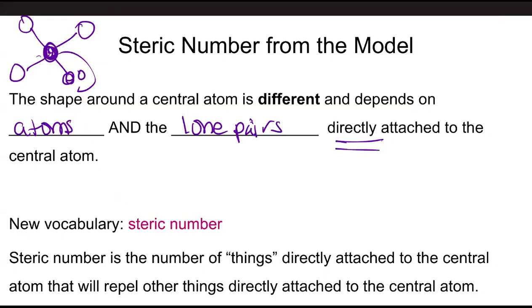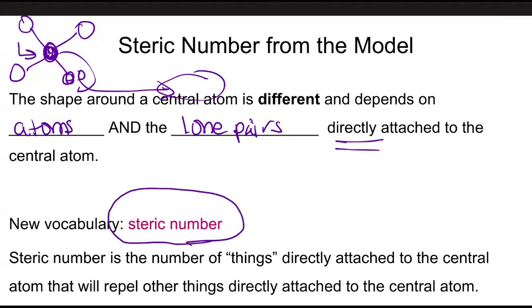I could have a central atom and other things all the way over here that wouldn't change the bonding around that atom. Okay, so these things, these atoms and lone pairs, are called the steric number. The steric number is the number of atoms and lone pairs directly attached to the central atom. So we're going to use that term a bunch.